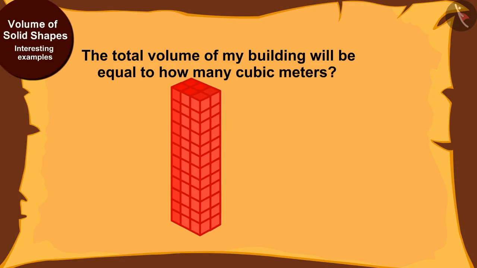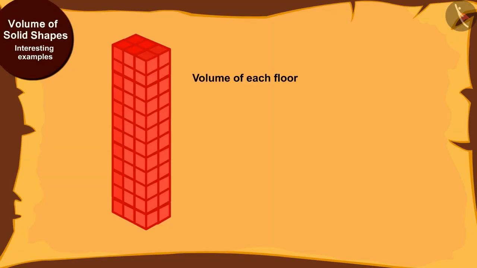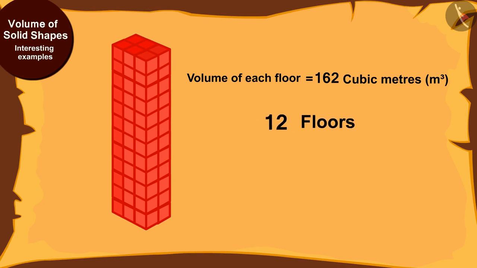Kids, can you help Golu find the answer to this question? Find the answer quickly by stopping the video. The volume of each floor of the building is equal to 162 cubic meters, and there are 12 such floors in the building.